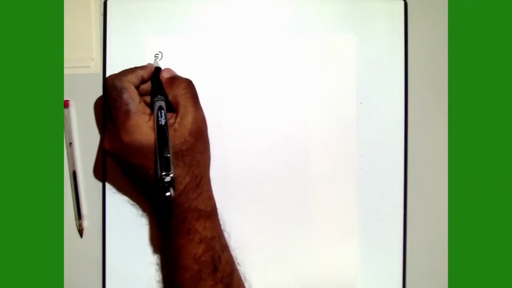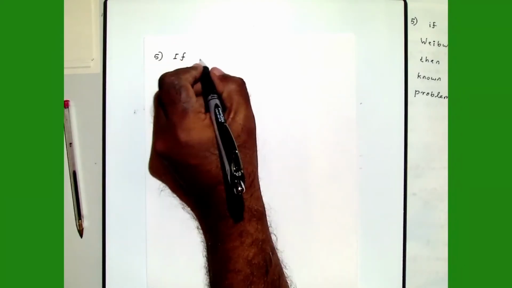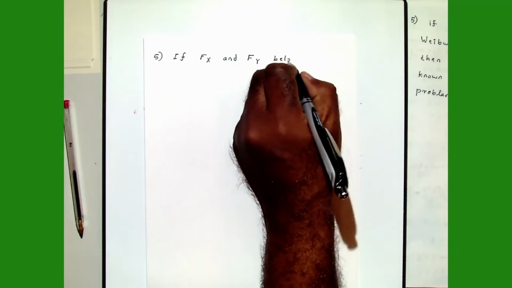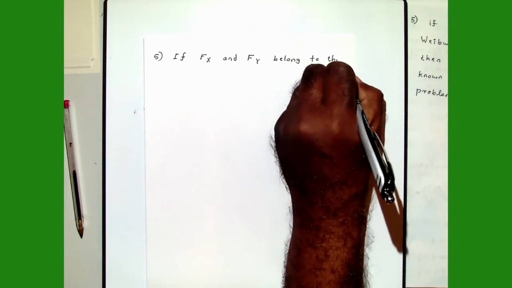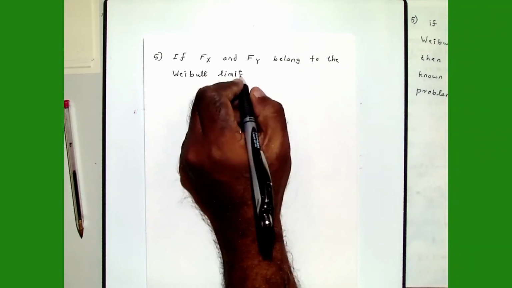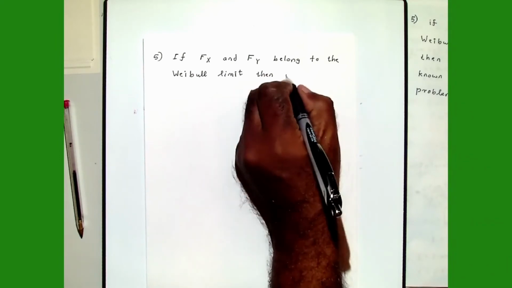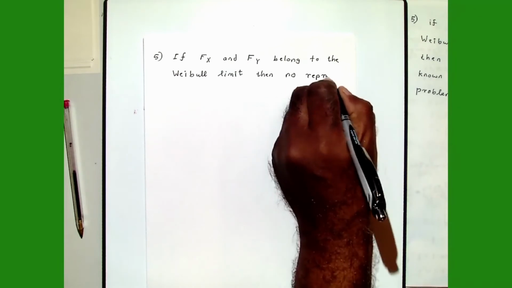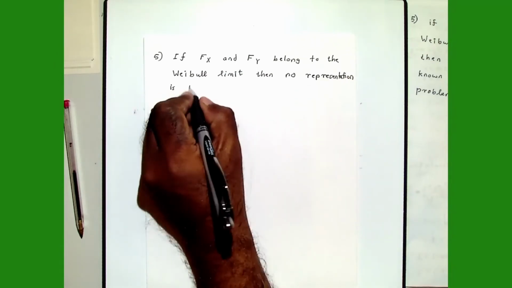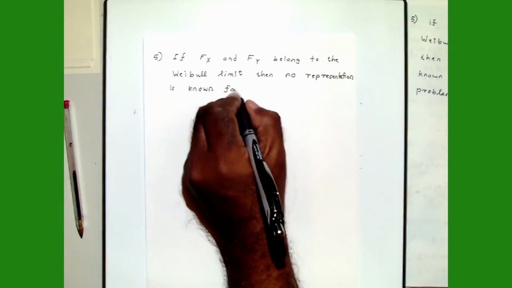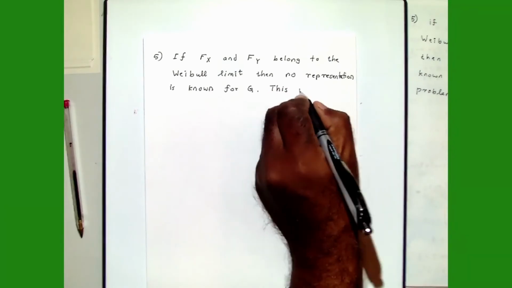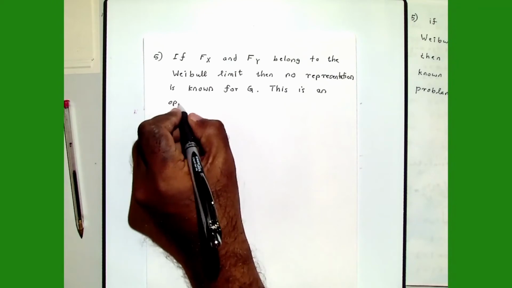So number 5, if the marginals belong to the Weibull limit, then no representation is known for G. So this is an open problem you may want to work on.